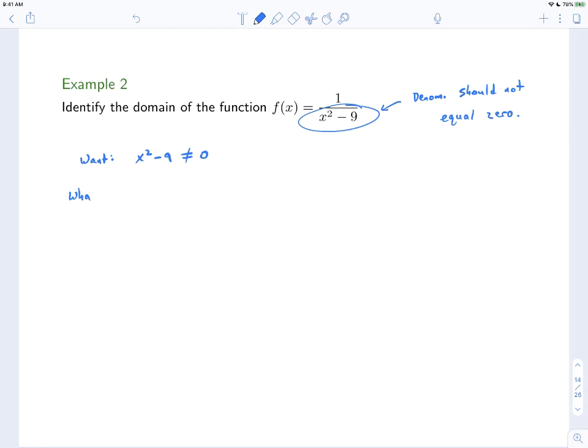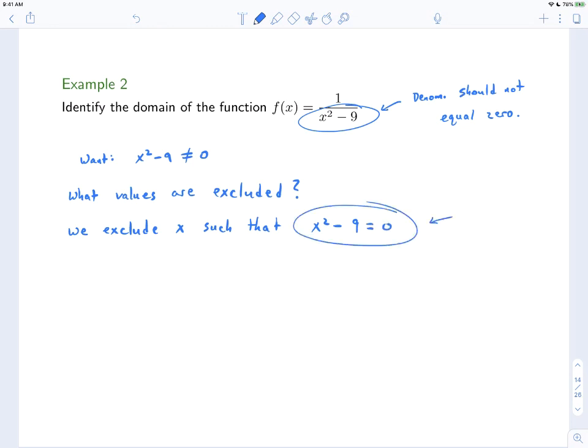So what values are excluded? We exclude any x such that x squared minus 9 equals 0. So we just need to solve this for x. We're solving for x not to find what x is, but to find what x cannot be.